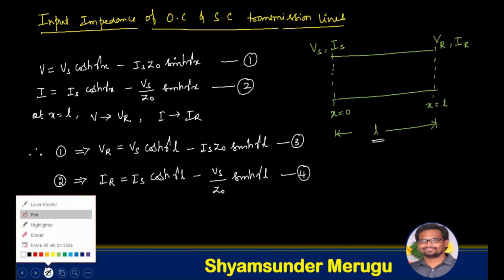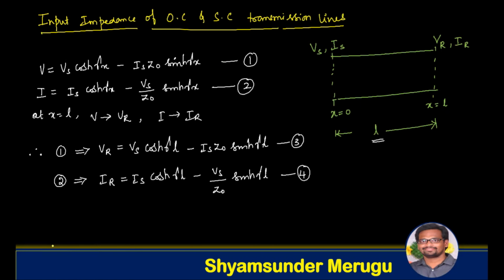Now with the help of these equations, we are trying to derive the input impedance of the open circuited lines and short circuited lines. Let us take the open circuited lines here. For these open circuited lines, we are going to derive the input impedance. Now we call the transmission line an open circuited transmission line when the load end is open.